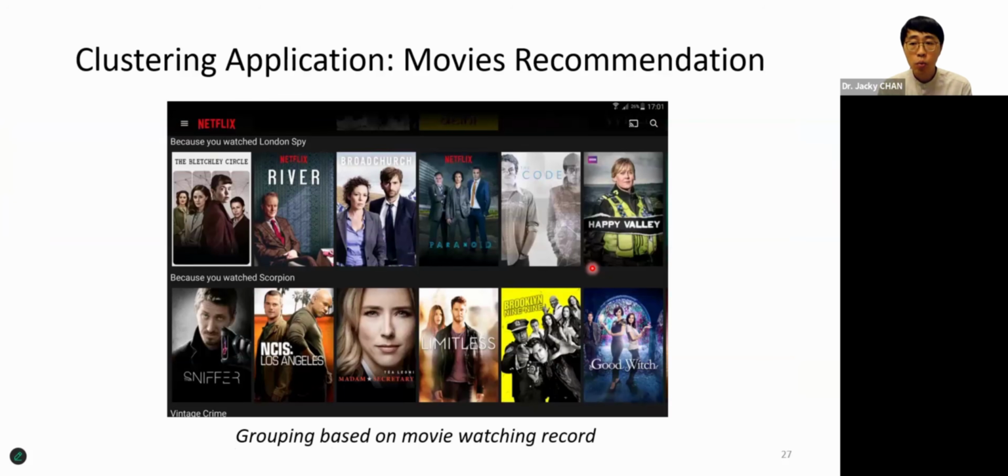When one user in that group watches a movie, this movie will be recommended to other members in the same group, because by clustering, we assume that all the users in the same group have similar preferences. If one of them likes it, probably other people in the same group will also like it. And you can see that this process is done without any labels. And there are many other applications.